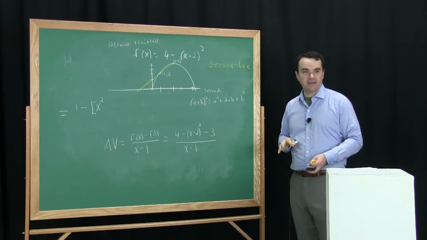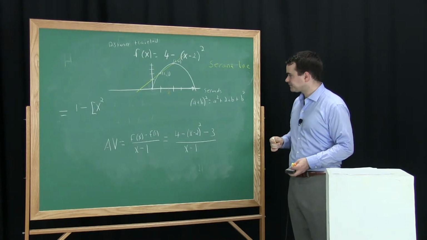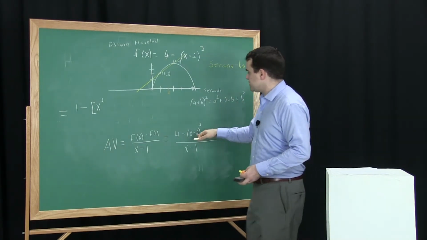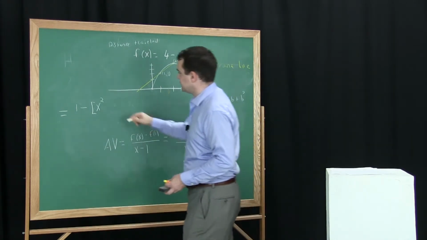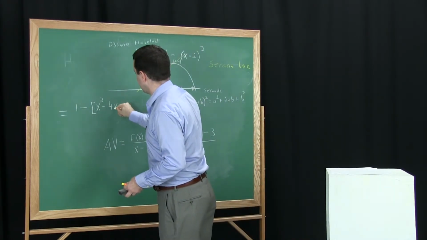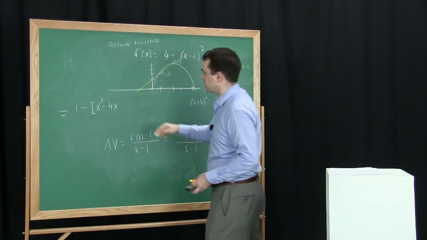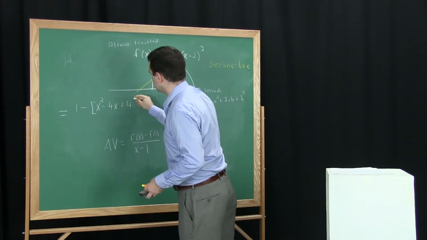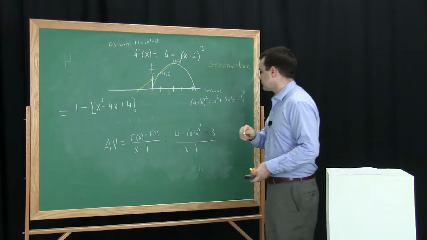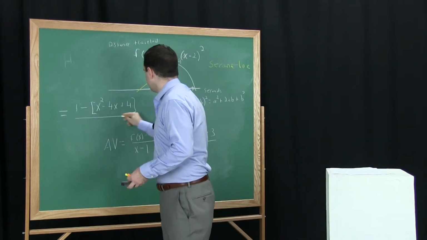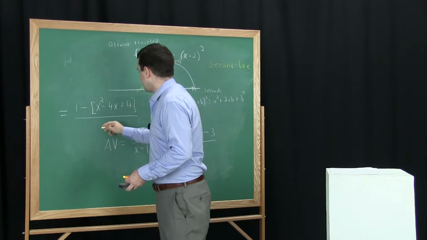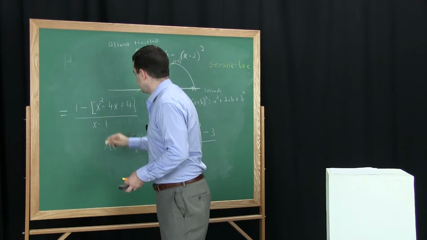Some people call that foiling it out. So you just use this formula. You get x squared minus 2 times x times 2, so that's minus 4x, and then plus negative 2 squared. And then you're dividing the entire thing by x minus 1.